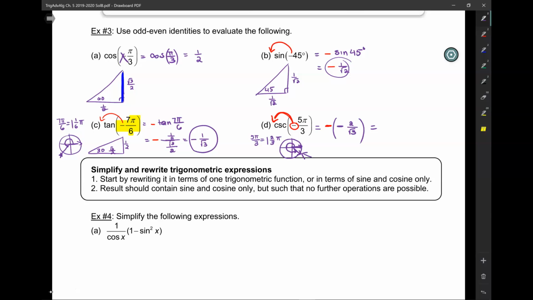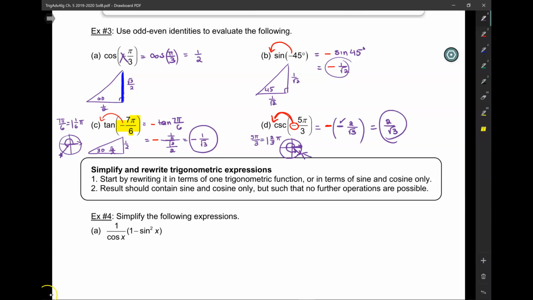And because I'm looking for cosecant, in the fourth quadrant, cosecant is negative. So that's where the second purple negative comes from. The reason it wasn't in the other one is because tangent is positive in that quadrant. So you have to take it into account. Now the two negatives become positive, and this is just 2 over root 3.